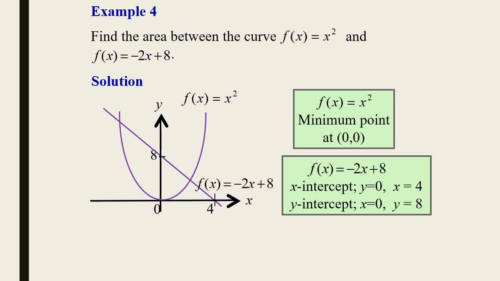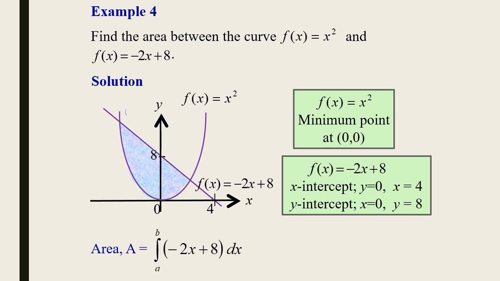Now, what is the area between these two curves? It should be bounded by these two functions. We have the parabola here and the line here, so the area bounded between them is this area. The formula is to integrate f(x) minus g(x).